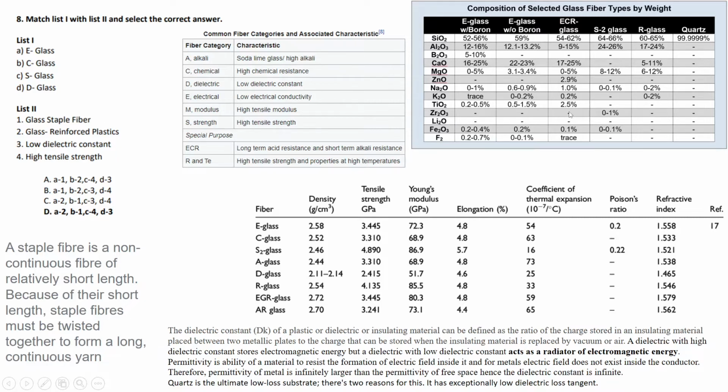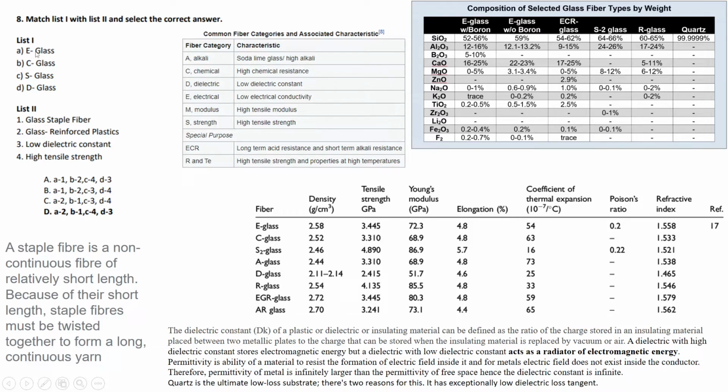So on the basis of the percentage you can simply find which one would be the constitution for which you'll have the desired properties. So the ones who are expert in material science can use this particular data, but for solving this question, the common fiber categories and associated characteristics are also more than enough.